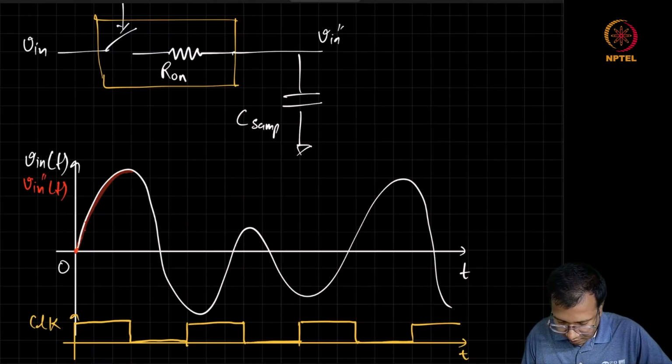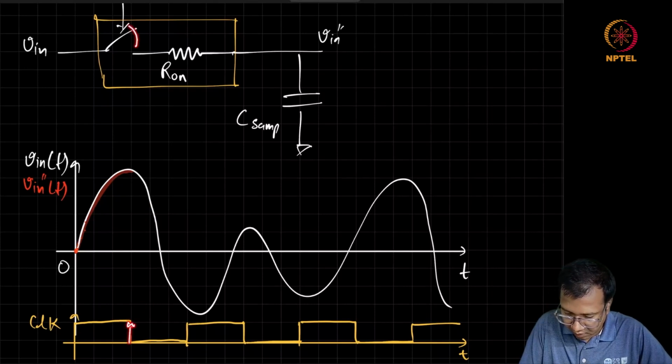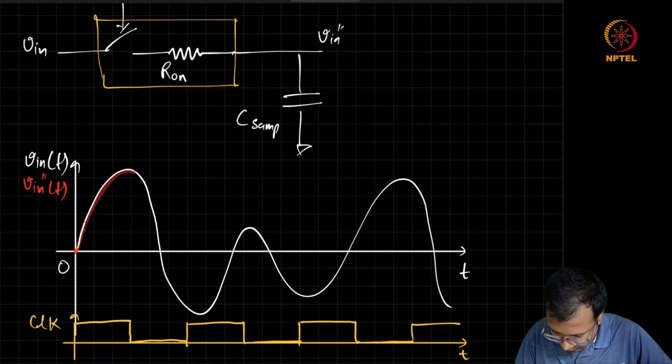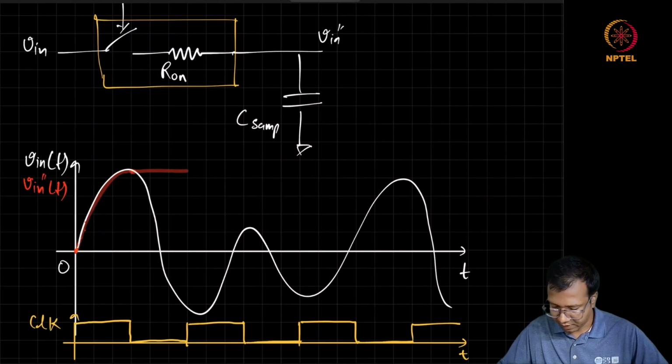And every time we open the switch, at this instant the switch is opened, and what happens? This value is going to be held till the next sample comes, or till the next positive edge of the clock signal comes.